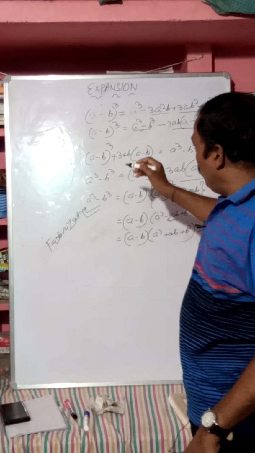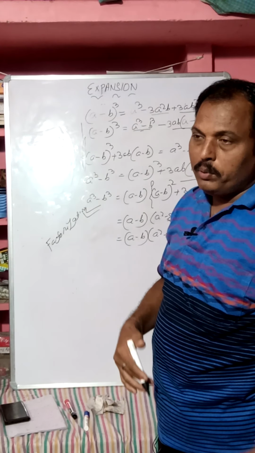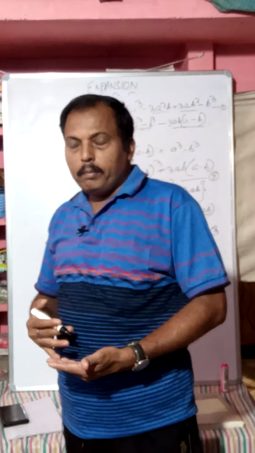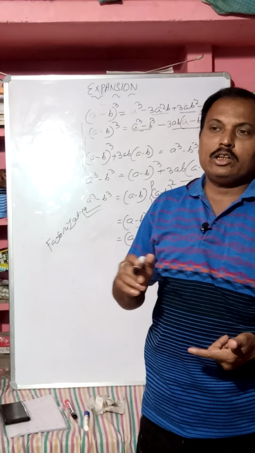Don't worry, we should remember in this formula a minus b whole cube is equal to a cube minus 3a square b plus 3ab square minus b cube.